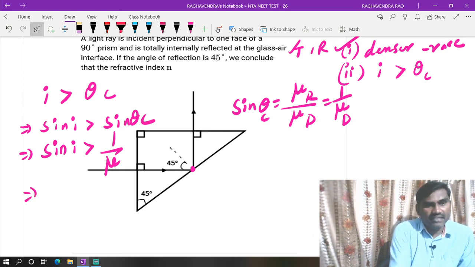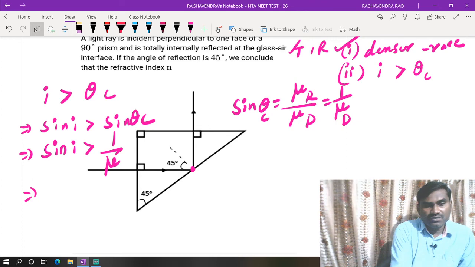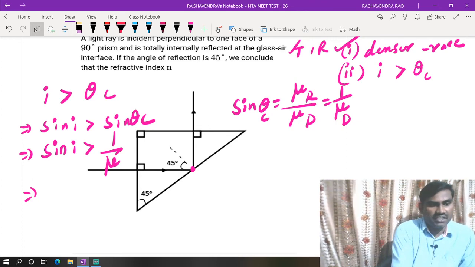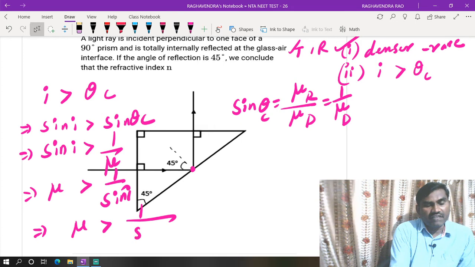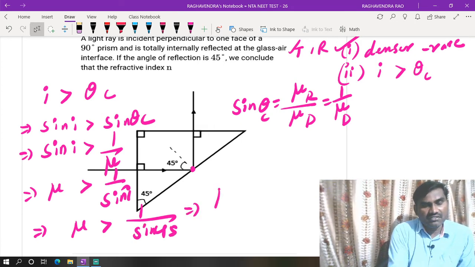Now what is the angle they have given? Angle of incidence is 45 degrees. So mu is greater than 1 by sin i, that is mu is greater than 1 by sin 45 degrees. Sin 45 is 1 by root 2.